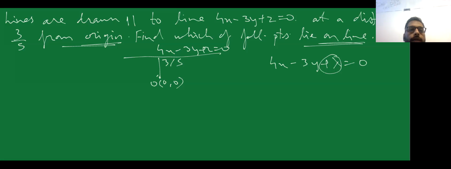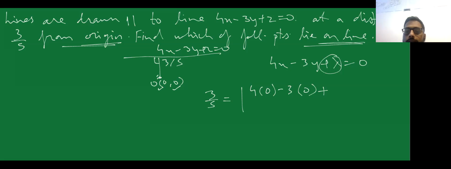So I need to find lambda first. And how can I get lambda? I can get it by using the given information. The distance is given to me of a point from a line. Therefore, I can use my distance formula. And what is my distance formula? Distance is equal to mod of ax1 plus by1 plus c, so 4 into x1 coordinate of this is 0, plus minus 3 into coordinate of this is 0, plus c.